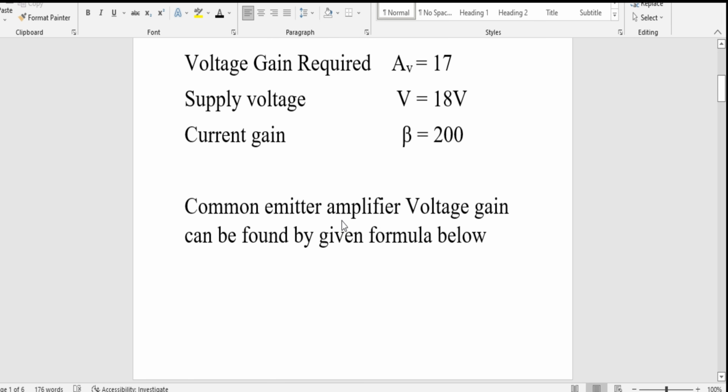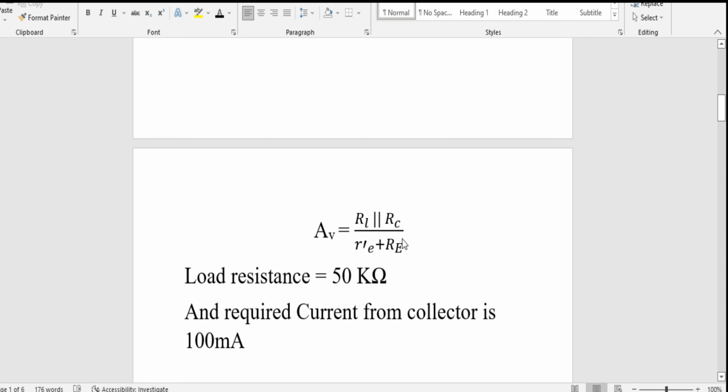Common emitter amplifier voltage gain can be found by the derived formula, because our first stage was the common emitter. So firstly I will discuss the common emitter amplifier. The basic formula is AV equal to RL parallel with RC, divided by RE' plus RE.